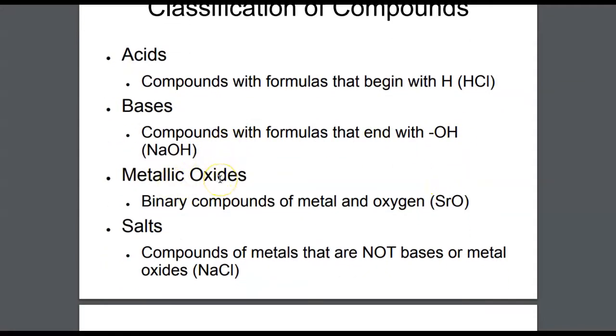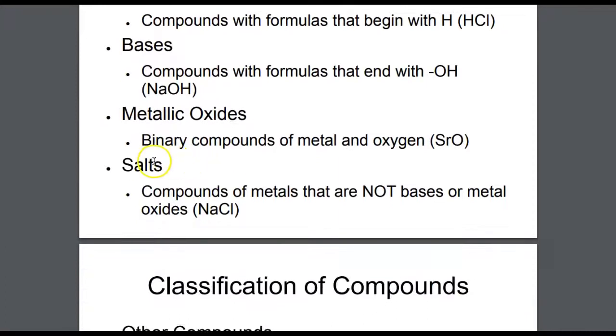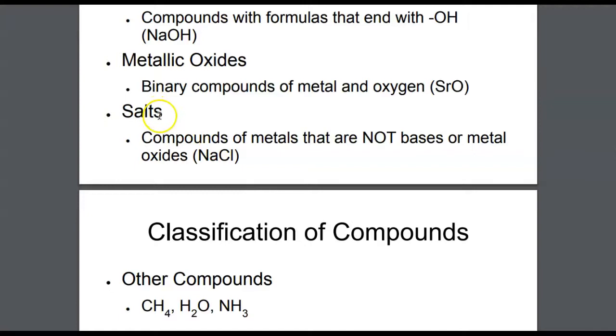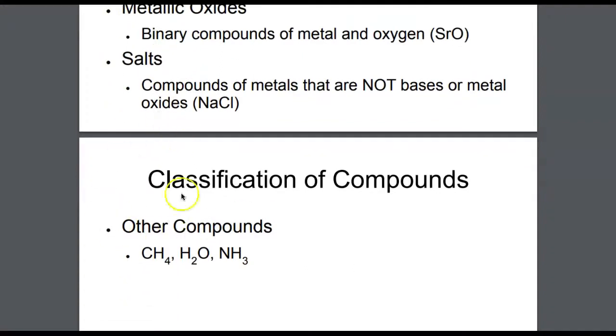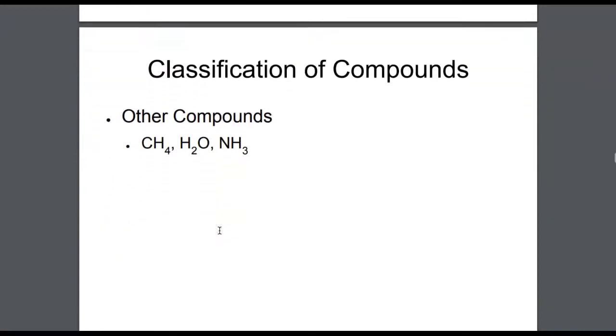Metallic oxide, right there in the name it tells you it's a metal combined with oxygen. Salts, composed of metals that are not bases or metal oxides. Salts usually combine a halogen with a group 1 or group 2 metal. And then we have other compounds. Some of these are organics or don't fit those particular categories.